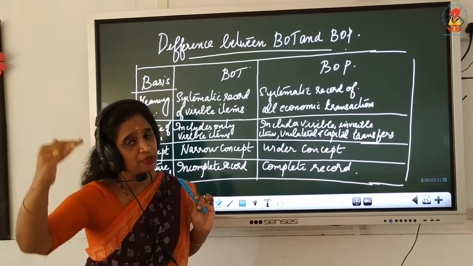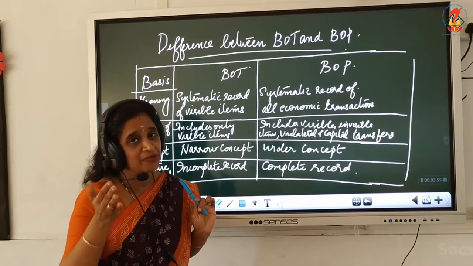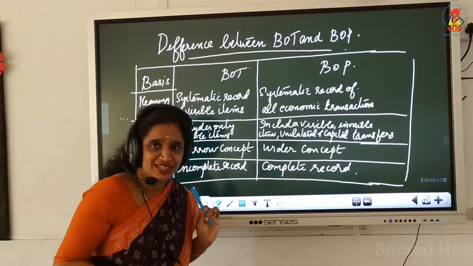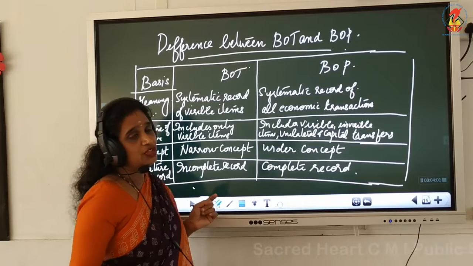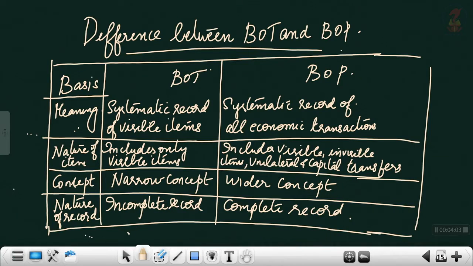In the balance of payment, all the 4 are there. But in balance of trade, only the first one is there, that is visible items. So the first difference on the basis of their meaning is that balance of trade includes only the visible items, whereas the balance of payment is a systematic record of all the economic transactions.